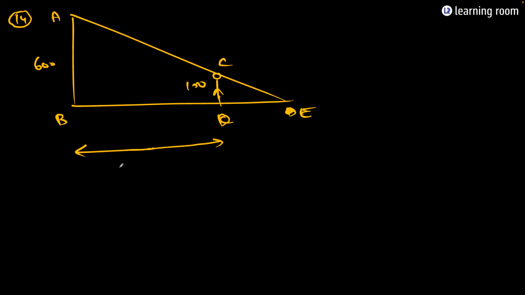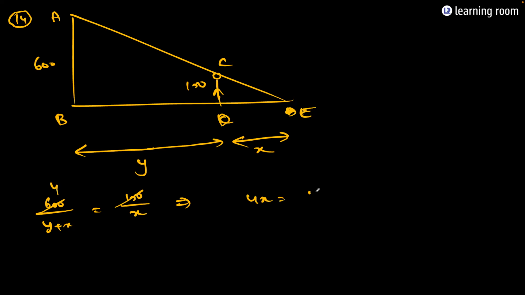See, this is Y and this is X. Then 600 divided by Y plus X should be equal to 150 divided by X. Which implies this will go 4 times. So 4x is equal to Y plus X, which implies Y is equal to 3x.